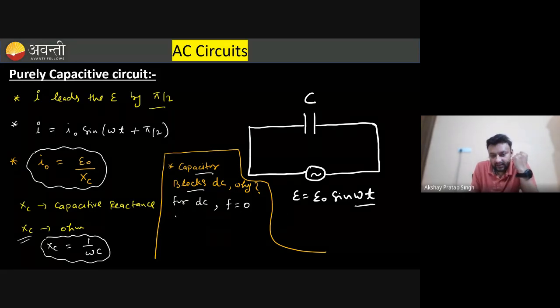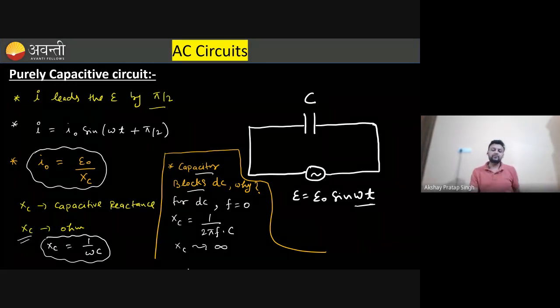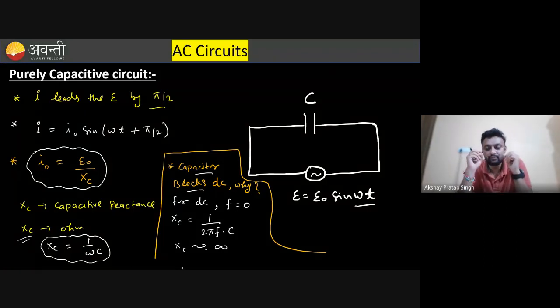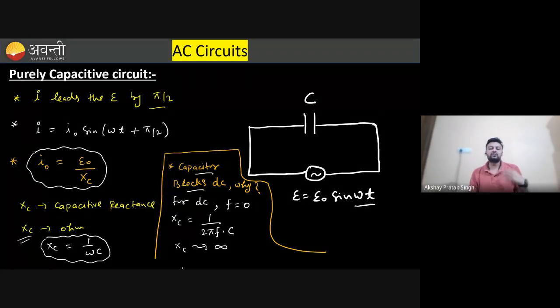So capacitive reactance is 1 upon omega C, which is 1 upon 2 pi F into C. So if F is zero, capacitive reactance tends to infinite. And if capacitive reactance tends to infinite, that means it offers infinite resistance to the flow of charge. That's why we generally say capacitor blocks DC.